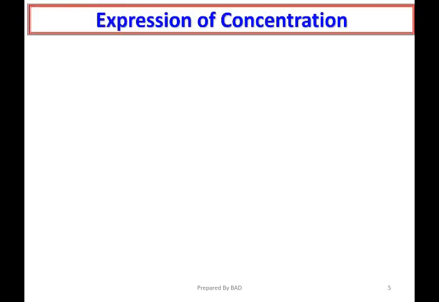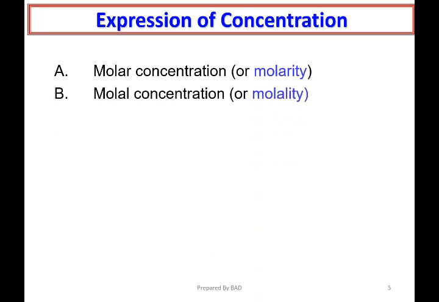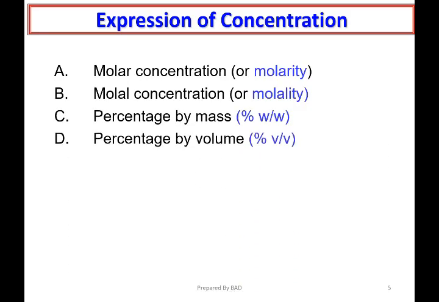Expression of concentration. There are several ways to represent concentration of a solution. Molar concentration or molarity, molal concentration or molality, percentage by mass, percentage by volume, and mole fraction.